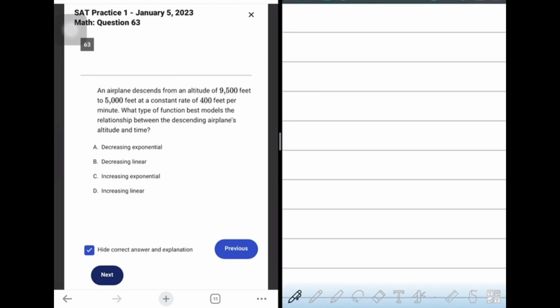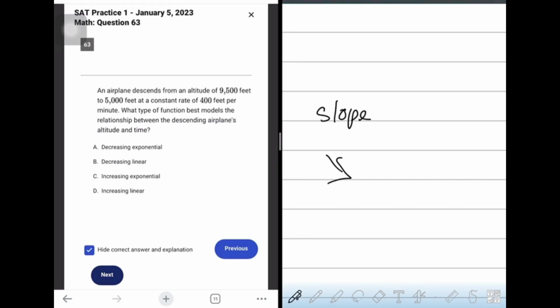Okay, an airplane descends at a constant rate. Do you see the constant rate? It means the slope. It goes from 9,500 to 5,000, so it means it decreased.